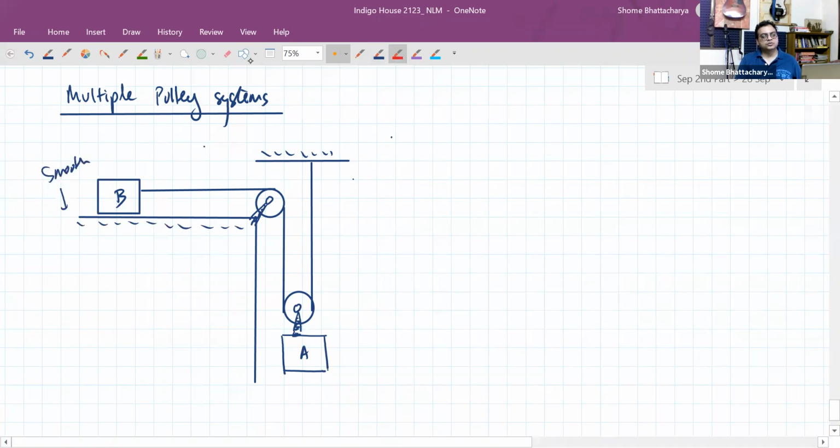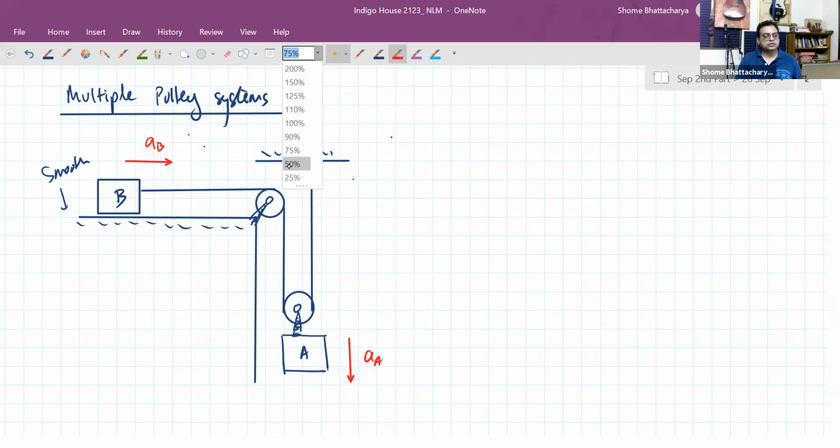So in this also what will happen is that because of the weight of A, it will tend to slide down, or it will tend to come down, and that will pull B horizontally like this. But what we'll see here is that the acceleration of A will not be equal to the acceleration of B because the thread is going in a more complicated way here.